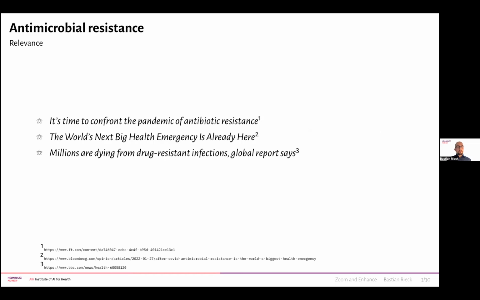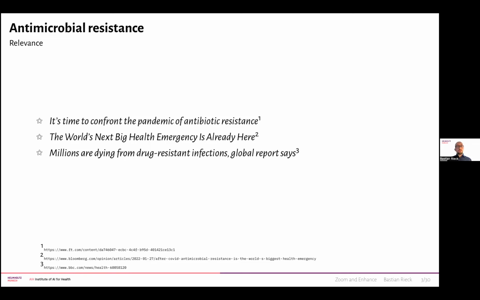Some recent articles are even saying that this is going to be the next big health emergency, or others are even using the term pandemic itself in order to confront this problem of antibiotic resistance. And of course, there are always these reports going around that millions of people are dying from infections that are resistant to drugs in the hospital.